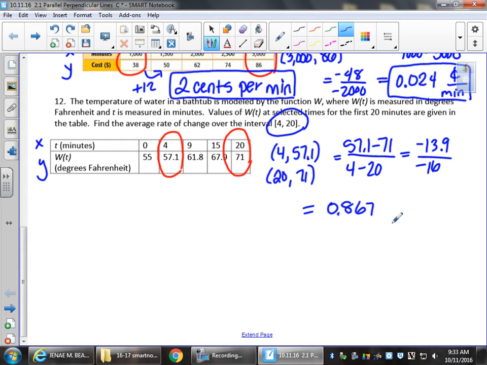What's the real world meaning of Y? Degrees Fahrenheit, very good. So degrees Fahrenheit divided by, and then what was X all about? Minutes. So that's my answer. Degrees per minute.